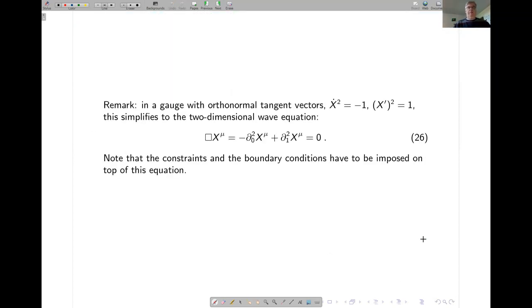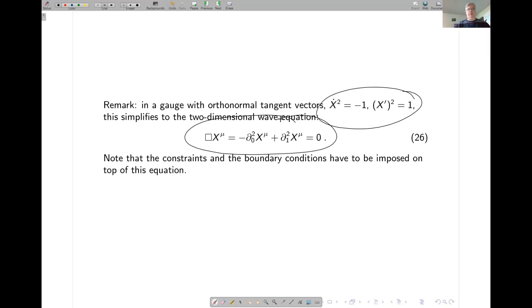Now, while we don't want to go into details of how to solve the equations of motion yet, I remark that things are not as hopeless as they might seem if you remember these complicated expressions for the momentum densities, because if you again go to special coordinates where you orthonormalize your tangent vectors, this equation reduces to something simple, named the two-dimensional wave equation, for which, of course, the general solution is known from D'Alembert.